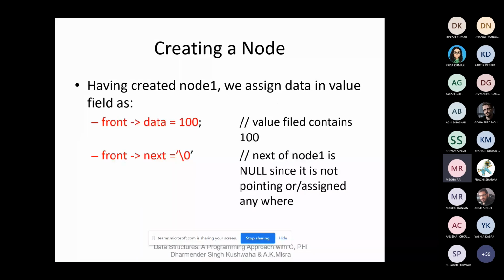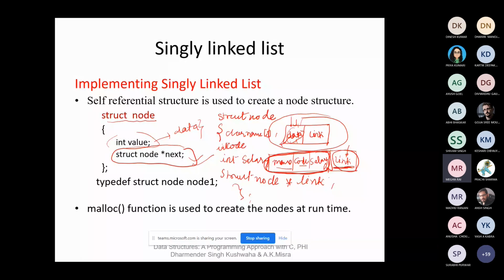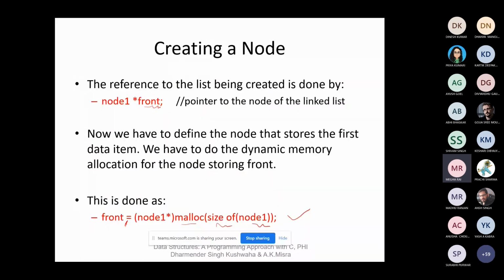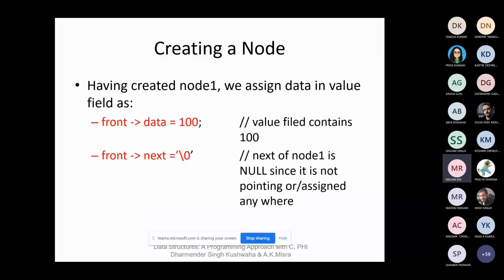So now, creating the node: you have created the memory using the malloc function, a block of memory for node 1. Node 1 has two fields. One field contains the value; if you want to store the value 100, it will be 100.